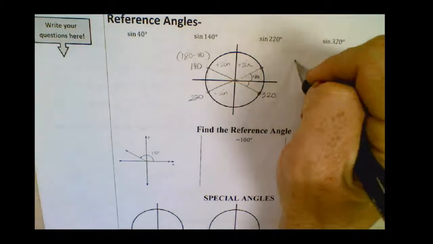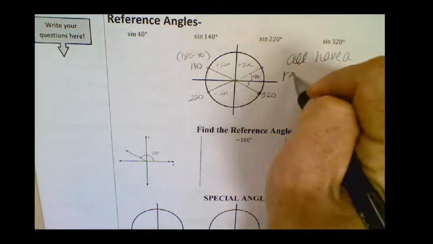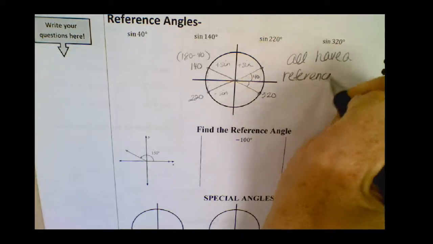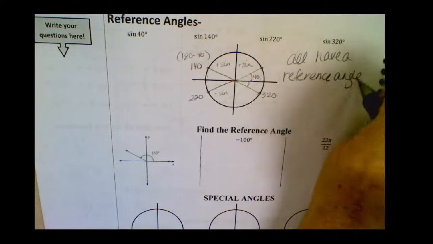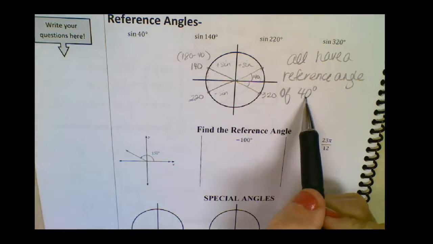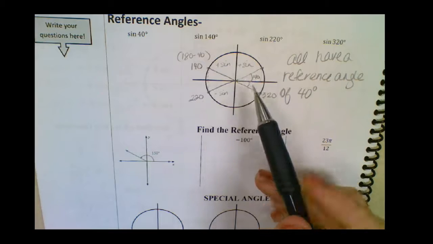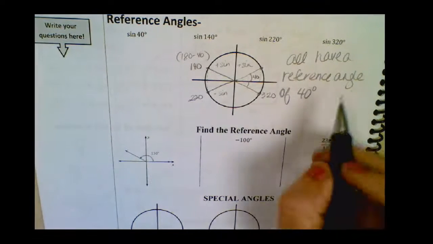So all of these have what we call a reference angle of 40 degrees, which basically means you can find the measurement from that reference angle, and then just depending on what quadrant it's in might change your cosine or sine or tangent values.